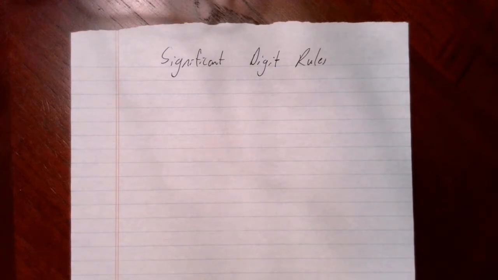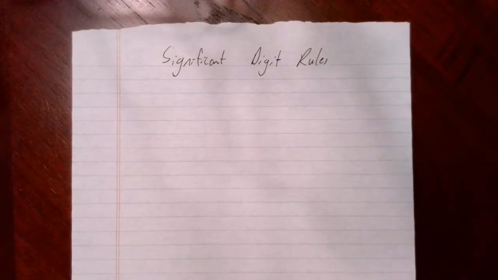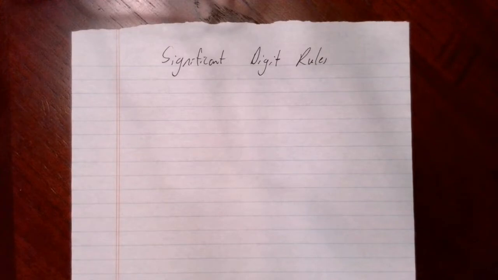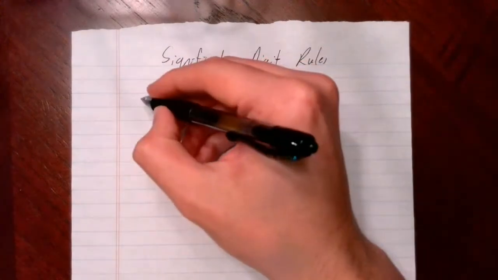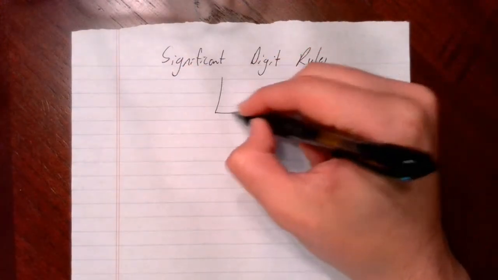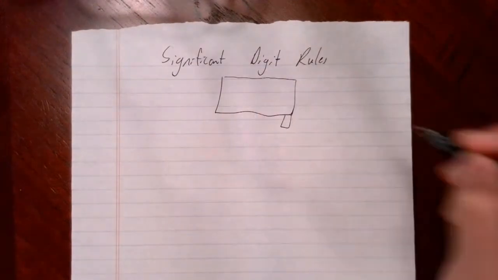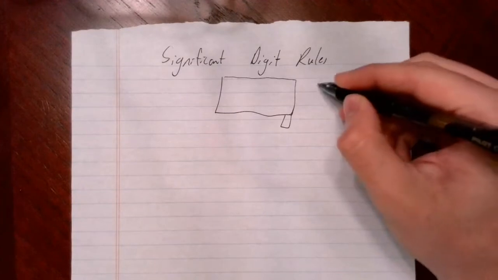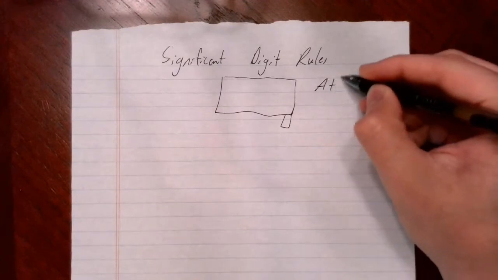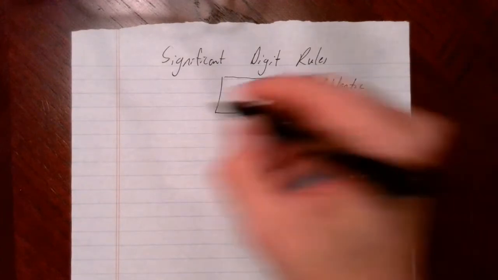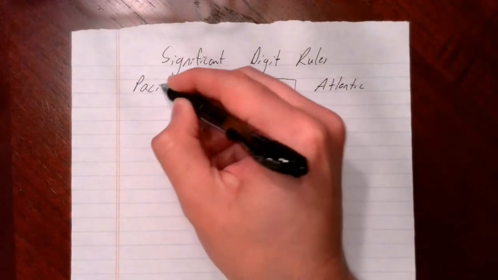The rule that we use for determining how many significant digits are present in a measurement is called the Atlantic-Pacific rule. If you think about the United States, I'm going to draw it as a square there. There's Florida. You have the Atlantic Ocean on this side, and you have the Pacific Ocean on this side.